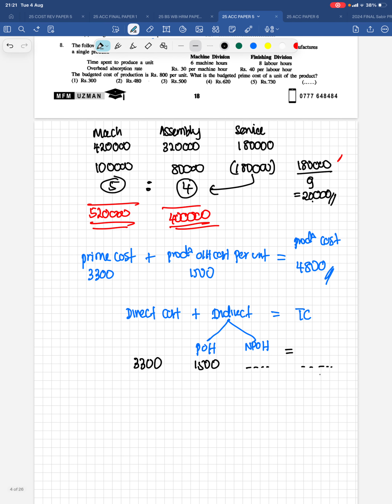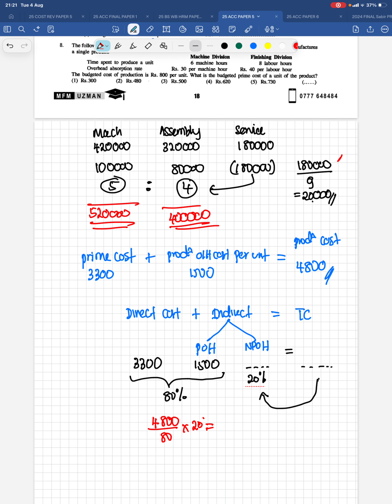So if this is 20%, the remaining will be 80%. If 4,800 is 80%, how much is 20%?